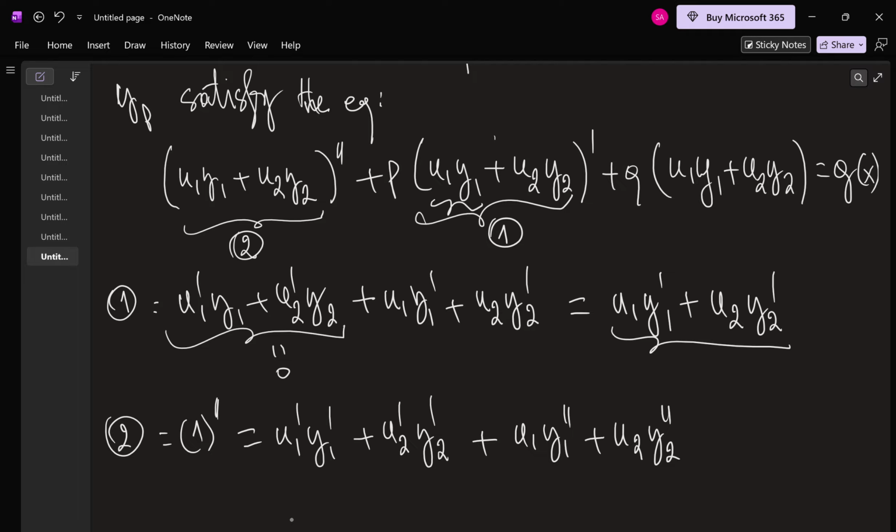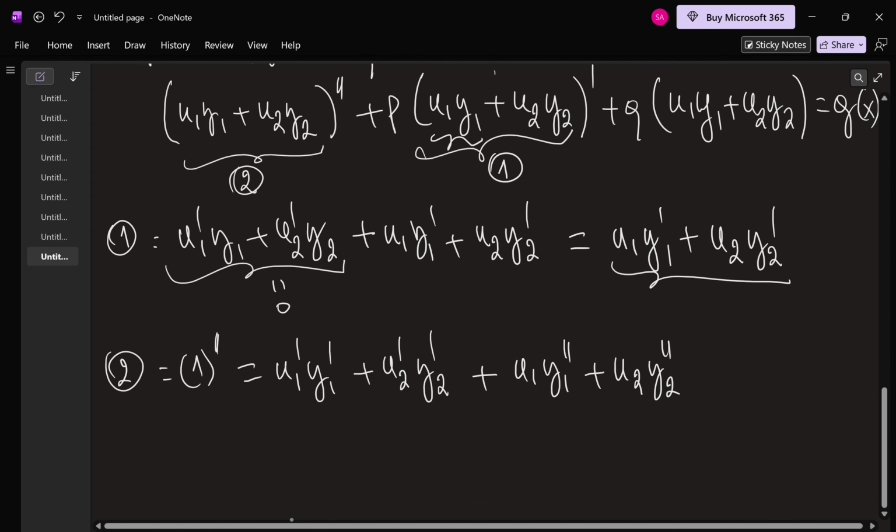So now we replace back in our equation. Let's see what we get.